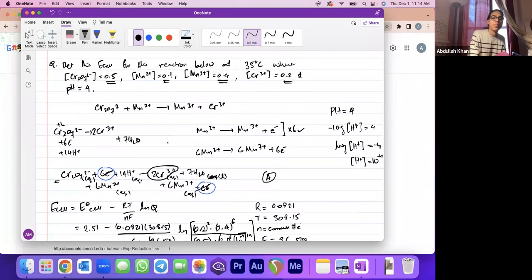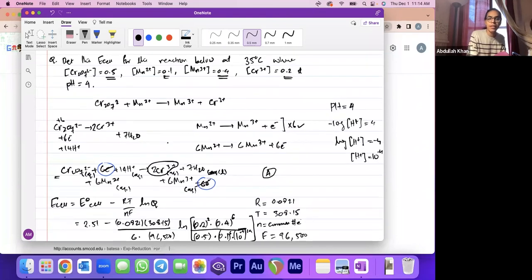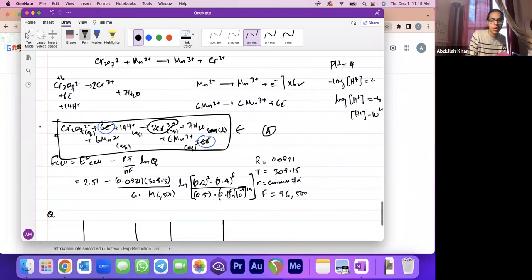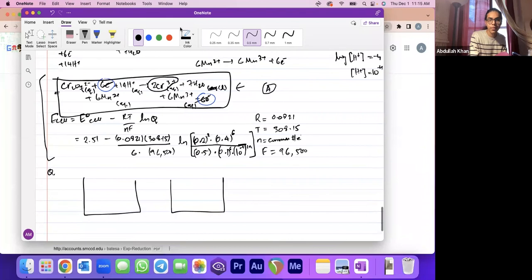If this was given on the exam, he will give you this directly. He wouldn't ask you to balance it and apply the Nernst equation, I think. He'd give you this directly. So you just have to do this part, which would make your life easier. So I give you the worst possible case. On the exam, it should be better.